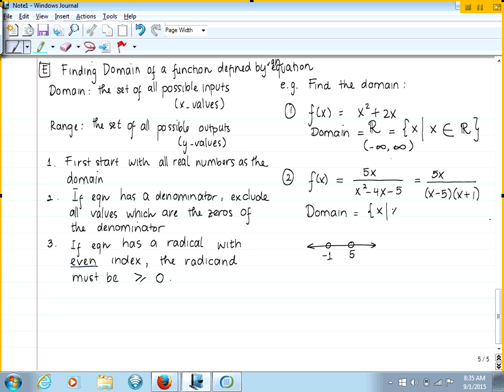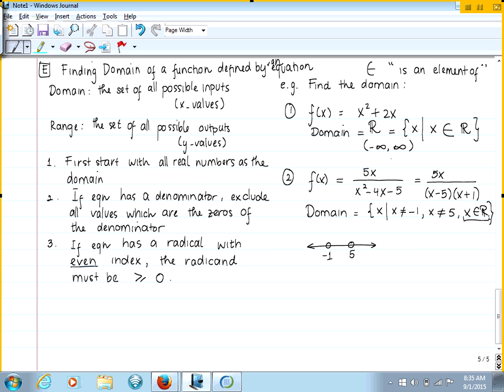How do you write it? This is your set builder: x such that x is not equal to -1, x is not equal to 5, and x is an element of real numbers. This symbol here means is an element of.